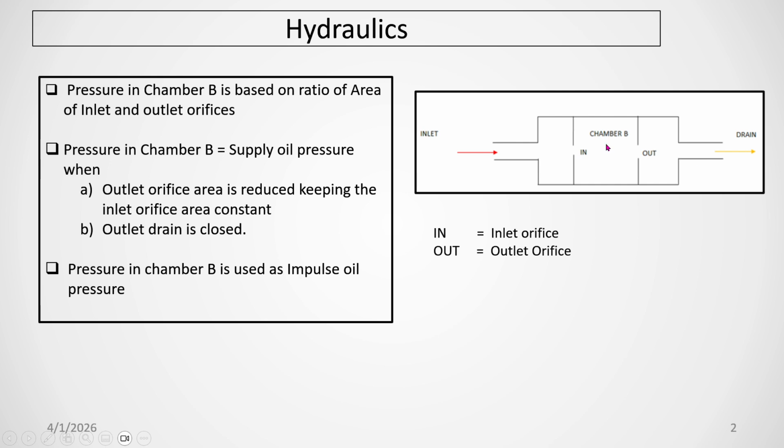So the chamber pressure will depend on the opening of the inlet and outlet. If you close the outlet going to the drain, the chamber B pressure will be the inlet pressure. And if you open the outlet orifice, then the chamber pressure will vary and depend upon the ratio of the inlet to the outlet. That will be the chamber pressure.